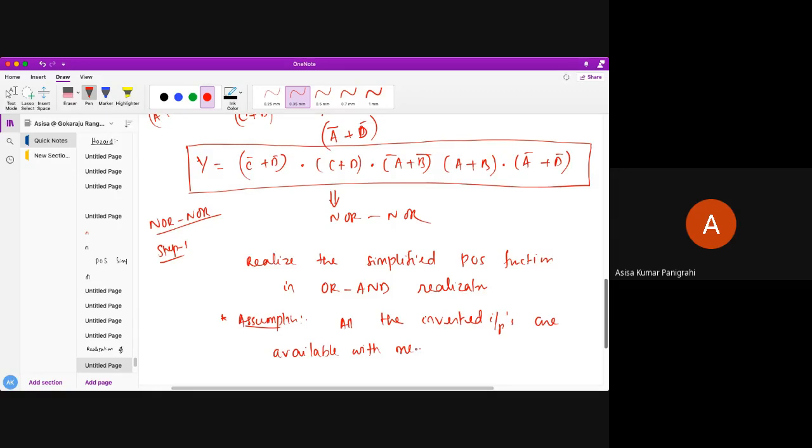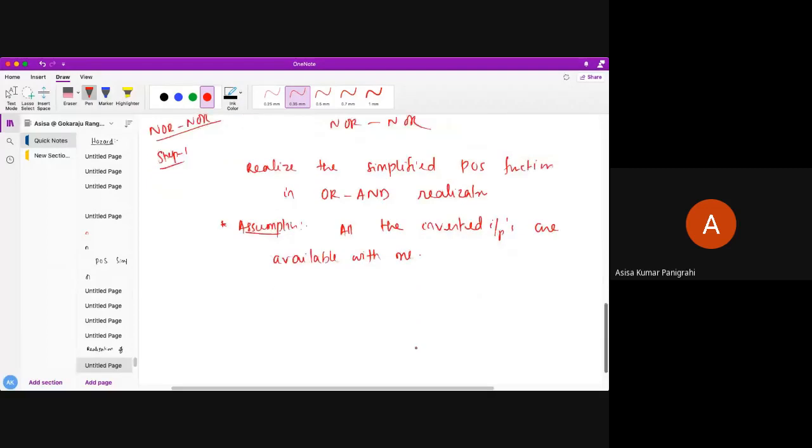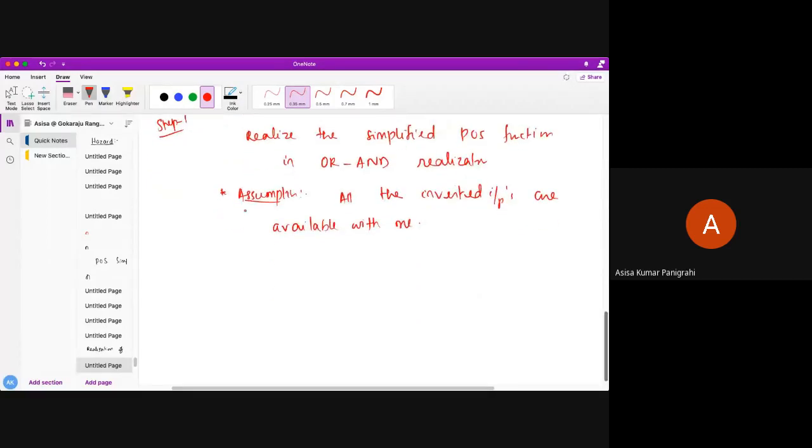You can take the function C bar or D bar. This is my C bar, this is my D bar, already available, and this will be my OR gate, because all these are max terms. Max terms means OR gate followed by an AND gate. Do you have any doubt on this?